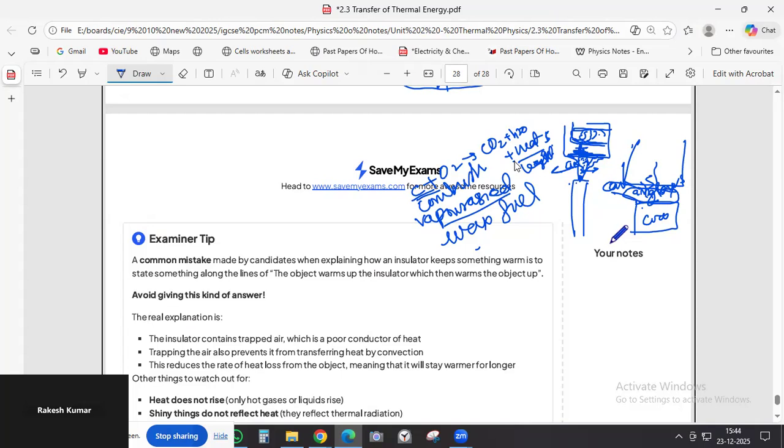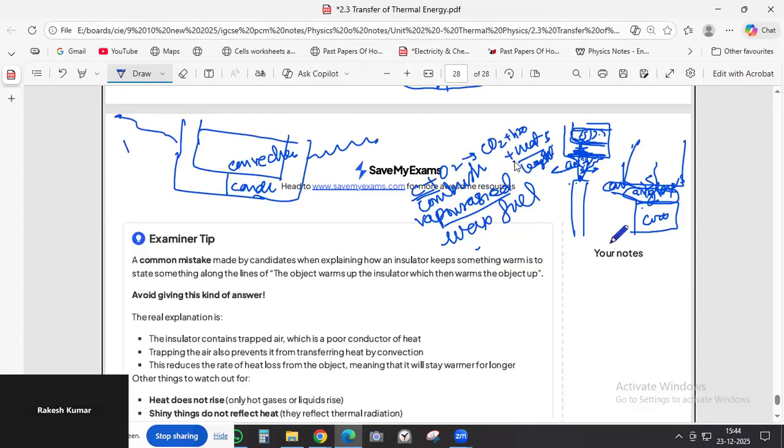Once the heat enters the container surface, it is conduction. When it comes in contact with the water, then it's convection. And it is also losing heat at the same time because of radiation.